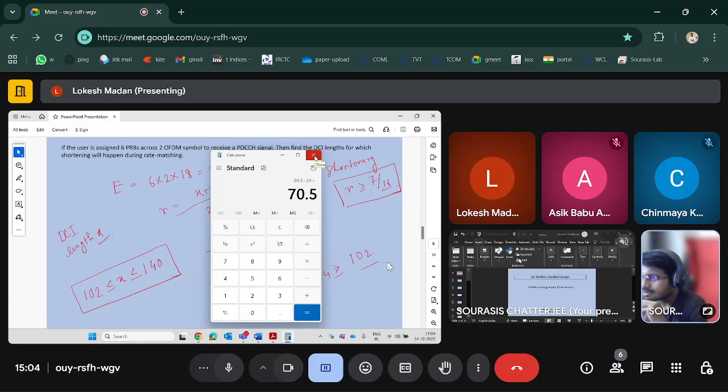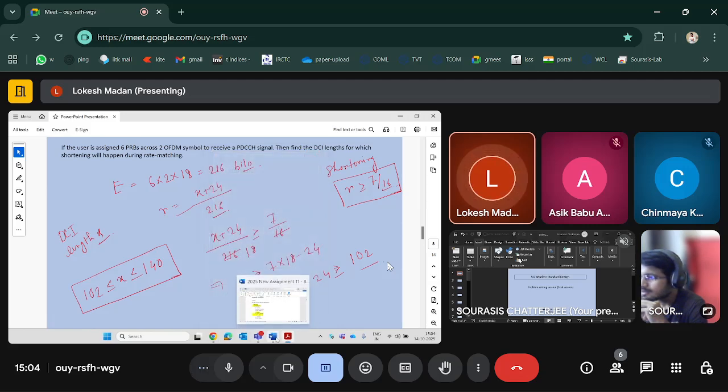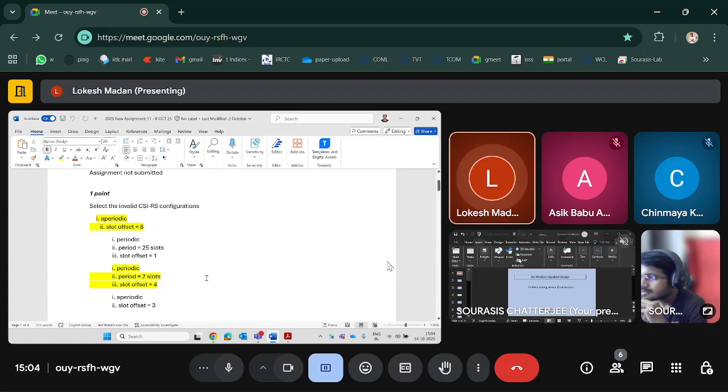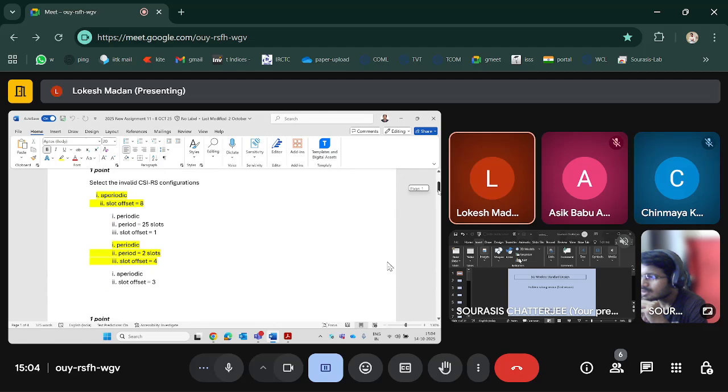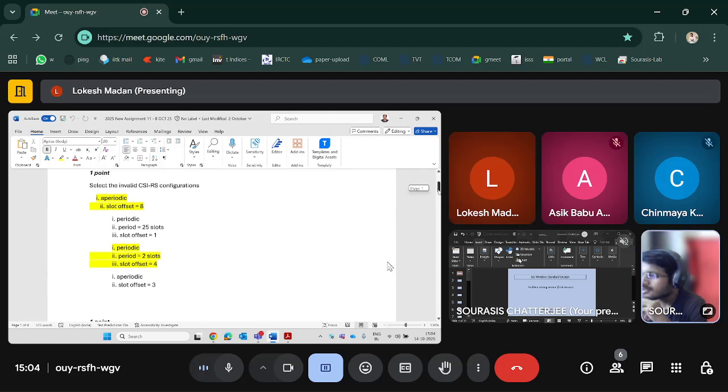Yes. Now the next question is this one on assignment number 11. This one I'm confused why this is invalid, because 25 slots is between 4 and 640. The slot offset is also okay for periodic.